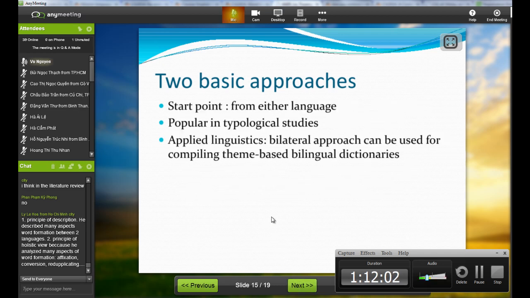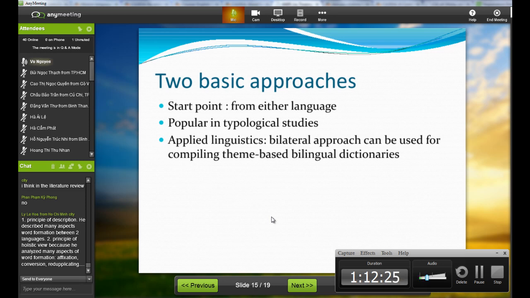Now, with the bilateral approach, the starting point can be from either language. It doesn't matter. For example, if you work on body part idioms in English and Vietnamese, then you can start by describing idioms in Vietnamese, or you can start by describing idioms in English.